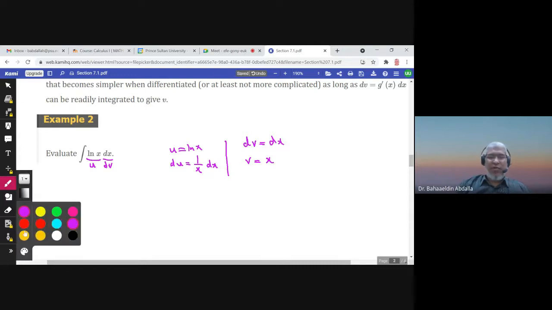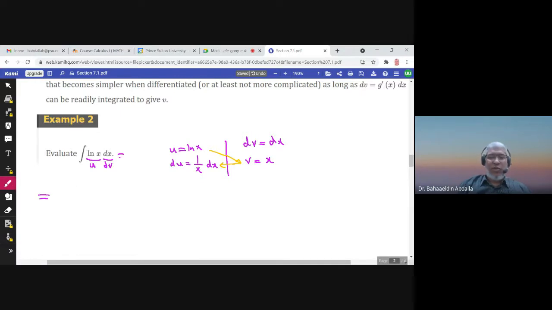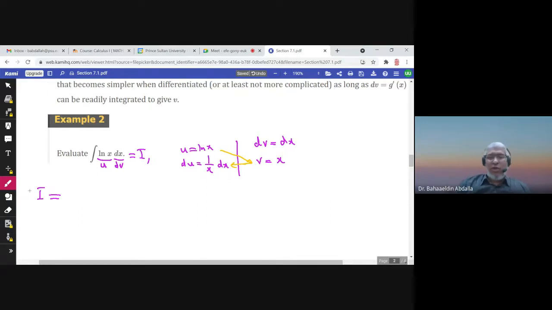And now we use the formula. This times this, and then this times this. So this integral, let me call it I, is equal to uv, which is x ln x, this times this, minus the integral of v du, x times 1 over x dx.